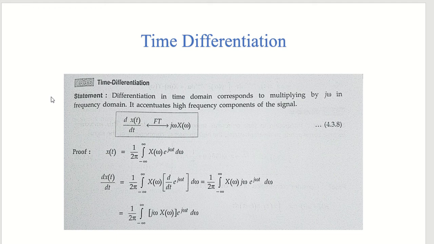So this proves the time differentiation property. Basically we are left with 1 by 2 pi integration minus infinity to infinity j omega into X of omega and e raised to j omega t d omega, right? So the Fourier transform is getting multiplied by your j omega value.